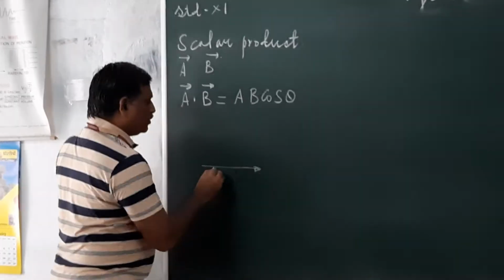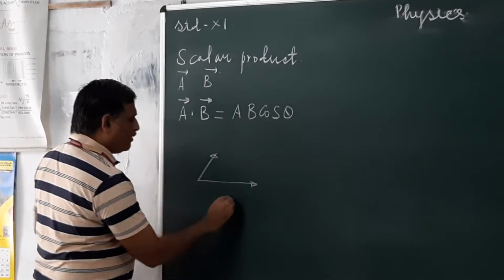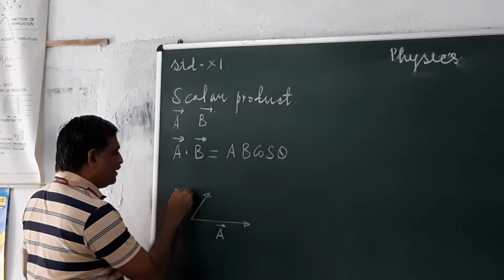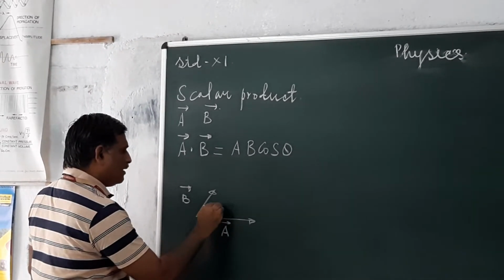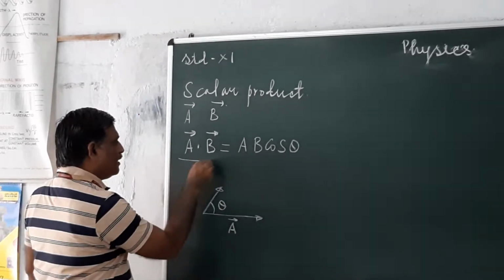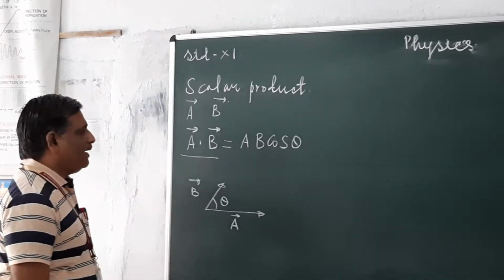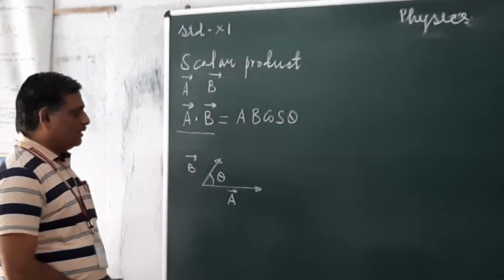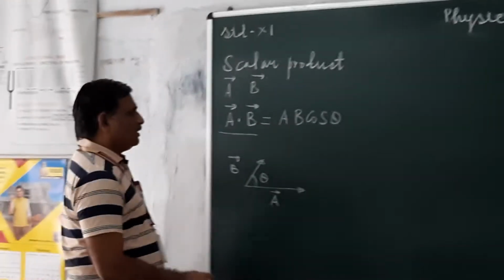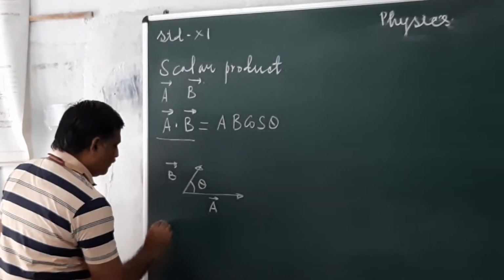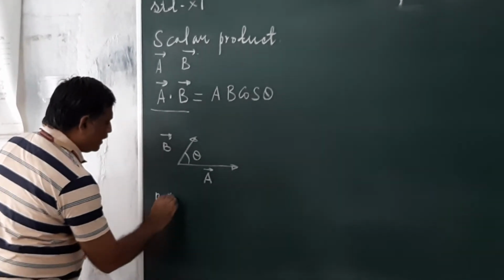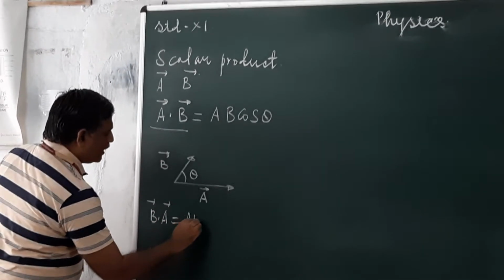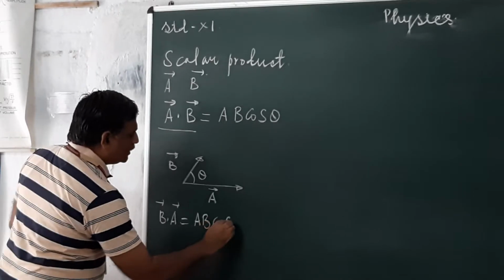From the figure we can show it. This is one vector A, this is another vector B, this is the angle between them, then the scalar product of A and B is equal to AB cos theta. Even if we change the sequence, B dot A, the scalar product remains the same, AB cos theta.